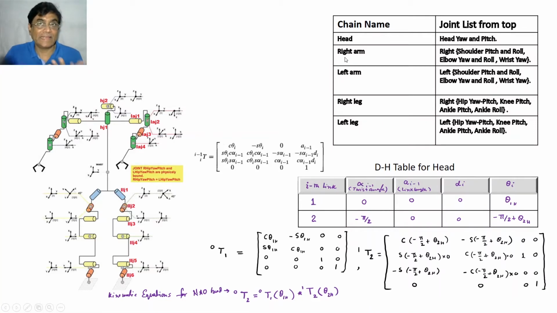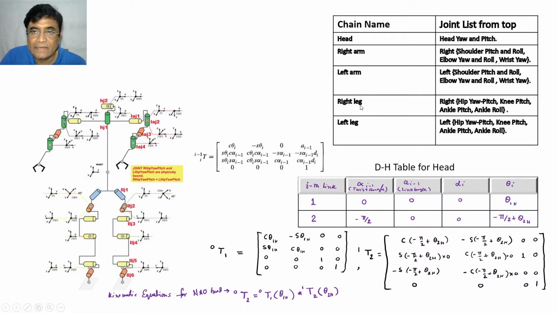Then you have the right arm, with right shoulder pitch and roll, elbow yaw and roll, and wrist yaw. The left arm also has the same degrees of freedom: left shoulder pitch and roll, elbow yaw and roll, and wrist yaw. All these degrees of freedom you have seen in the video which I have played.